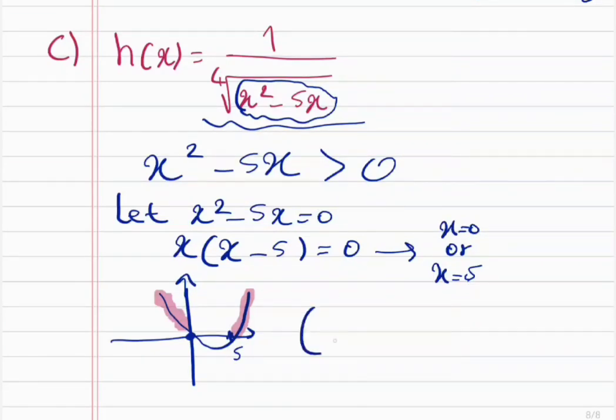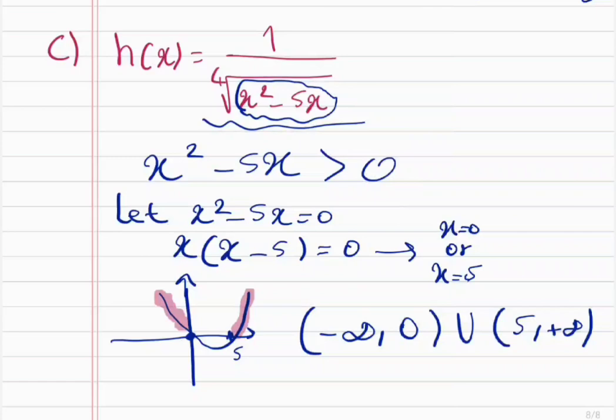So we have from minus infinity to 0, union 5 to positive infinity. Now you might be wondering why I excluded 0 and 5. That is simply because when you look at this denominator where we have x squared minus 5x, we can't have 0 or 5.